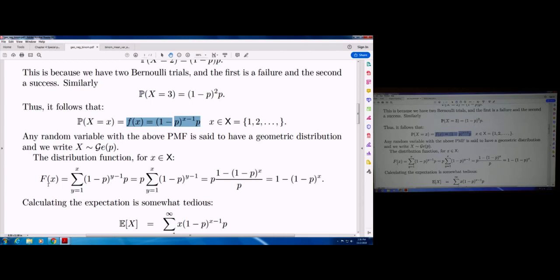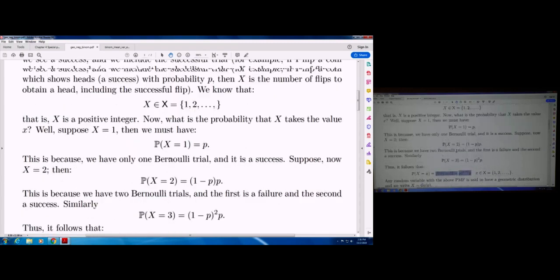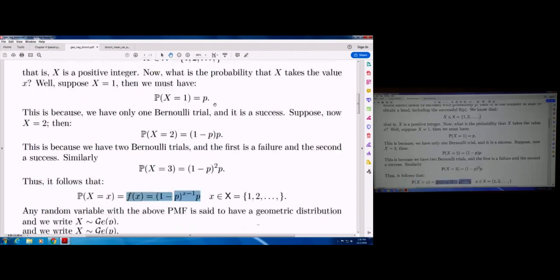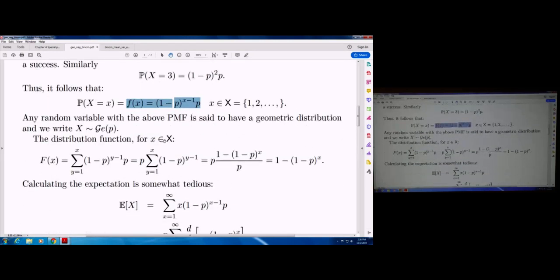If x is in the set 1, 2, 3 off to infinity, the cumulative distribution function F of x is the sum over all little y, where y goes from 1 up to x, of the probability mass function.